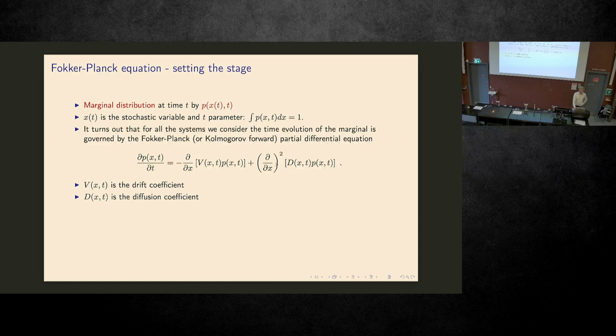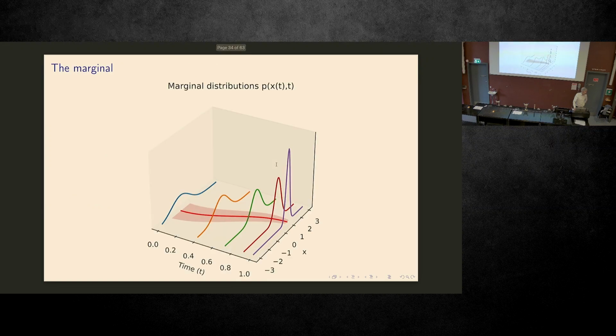Marginal distribution at time t, in the sense that if we have some time series and we observe that time series multiple times, it won't be the same, but at a particular point in time, the distribution of all the observations would follow something like that. That could be one instance, but it could also be one time series.